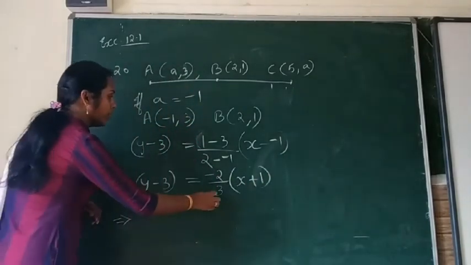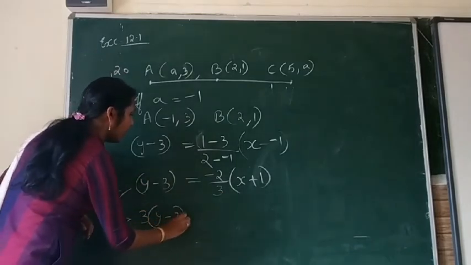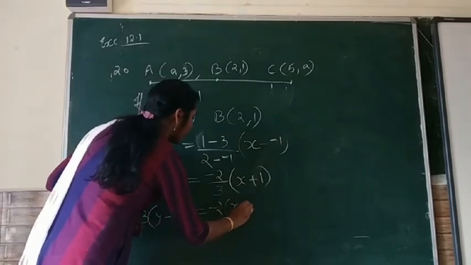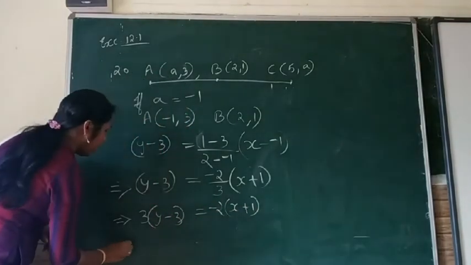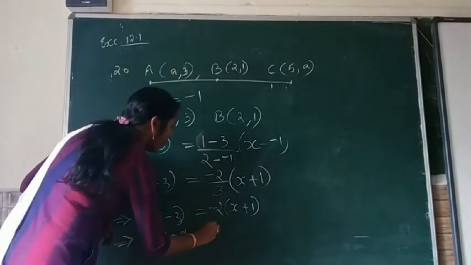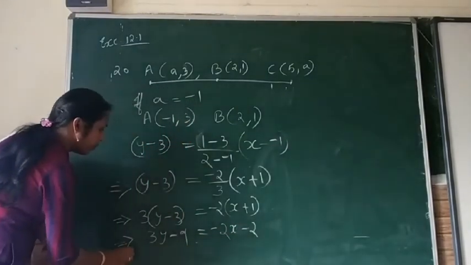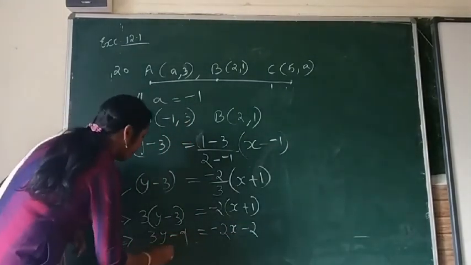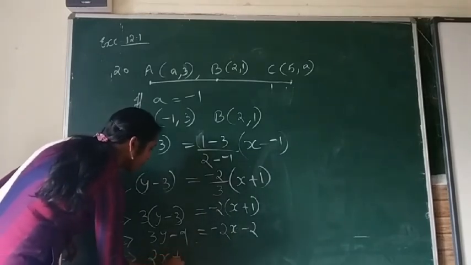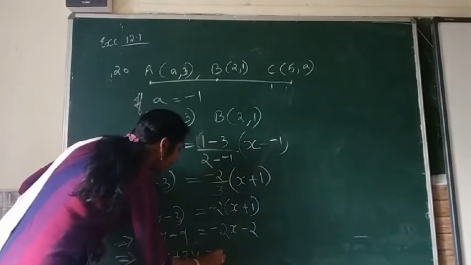Simplifying, we get 3 into y minus 3 equal to minus 2 into x plus 1, implies 3y minus 9 equal to minus 2x minus 2, that is, we get 2x plus 3y minus 7 equal to 0.